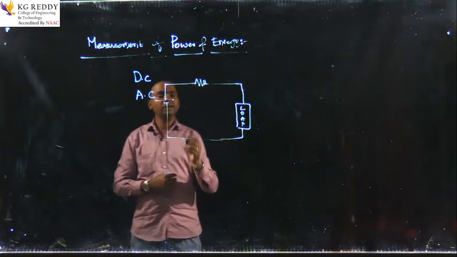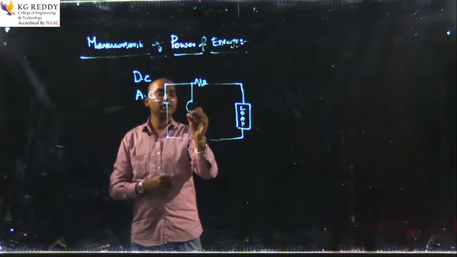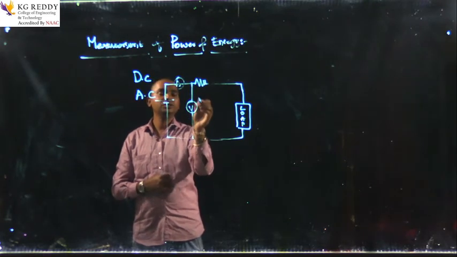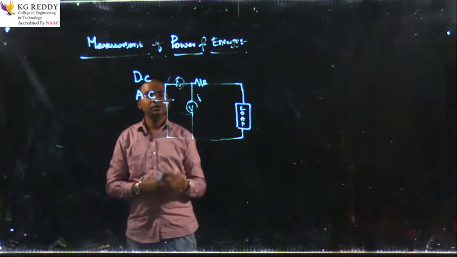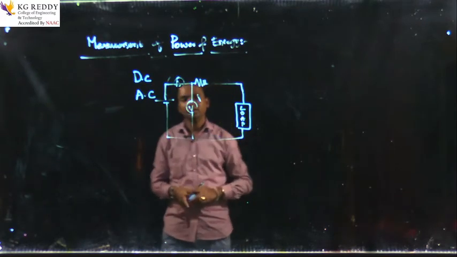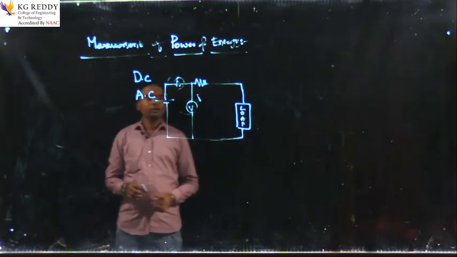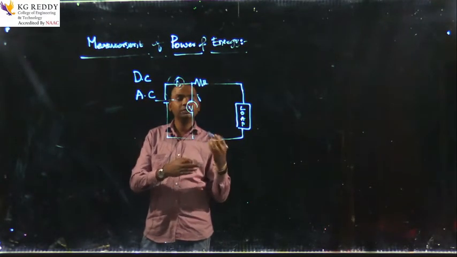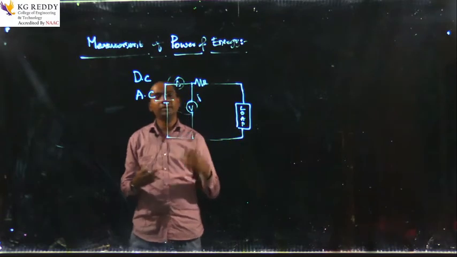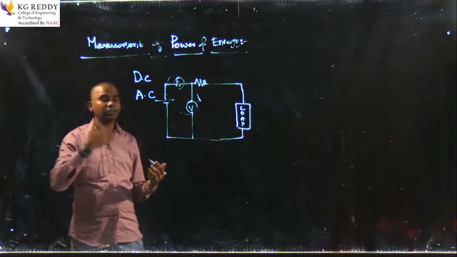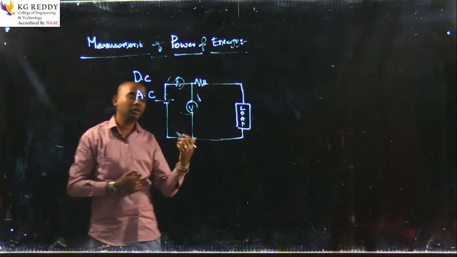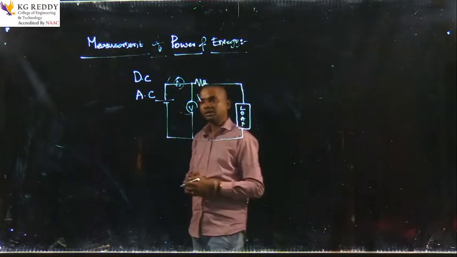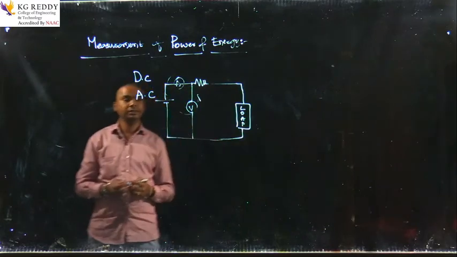There we will arrange a voltmeter in parallel and an ammeter in series, and by means of these two we can measure the power. We take the values of current in the ammeter and voltage in the voltmeter, and we will know the value of power in that particular circuit. This is one kind of method.